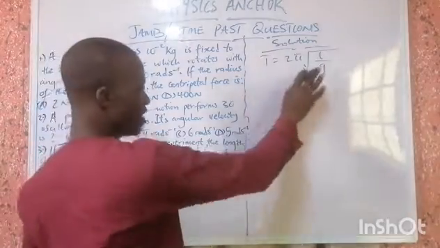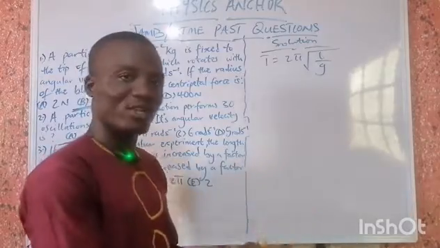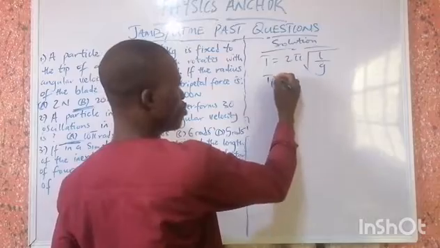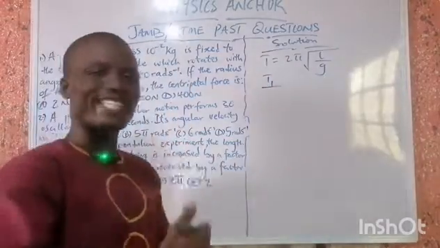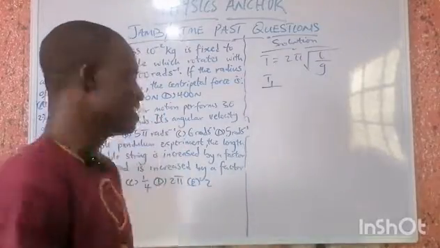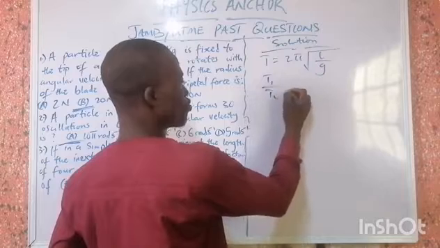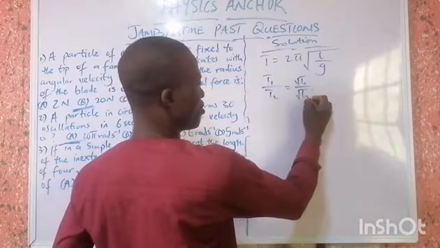We are not going to do any proving here because this is just the solution to a past question. But I will give you the basic thing that you're supposed to know. If we are to compare the period of two simple pendulums with their length, we have the relationship that T1 over T2 equals root L1 over root L2.